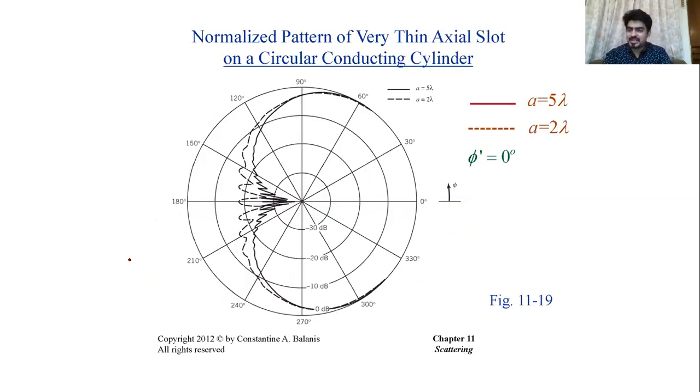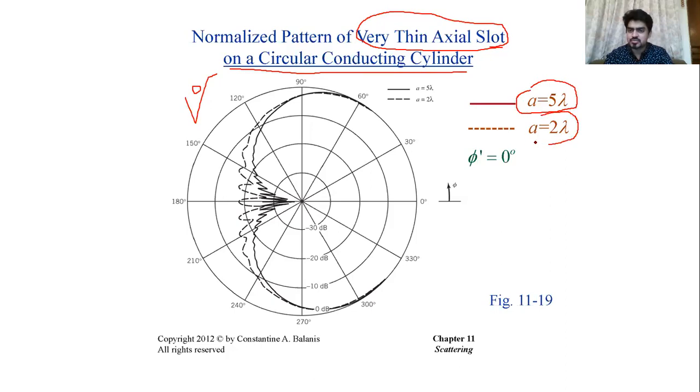And when we plot that, this is the plot you will get for the radiation pattern. This is the radiation pattern for this structure when you have a very thin axial slot on a circular conducting cylinder. Now we have shown two cases here. One is A equals 5 lambda and the other one is A equals 2 lambda.